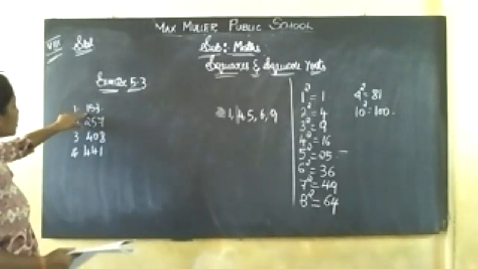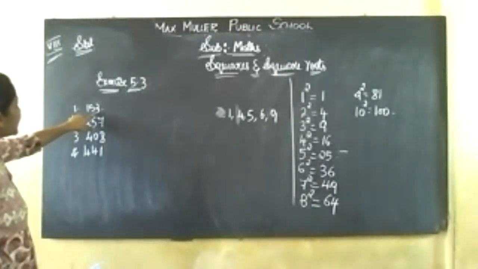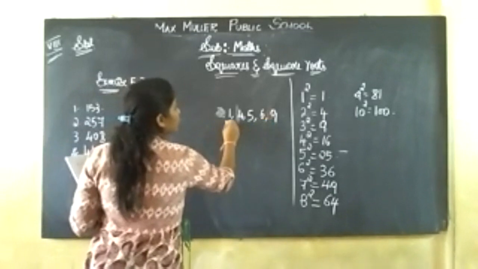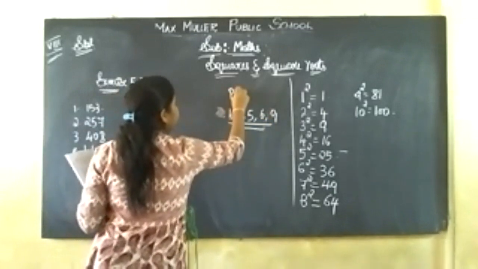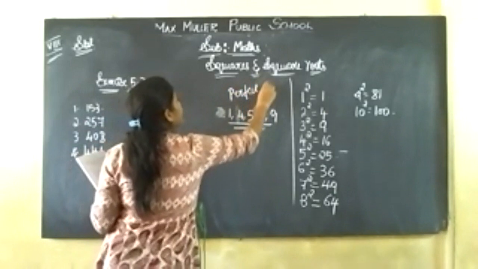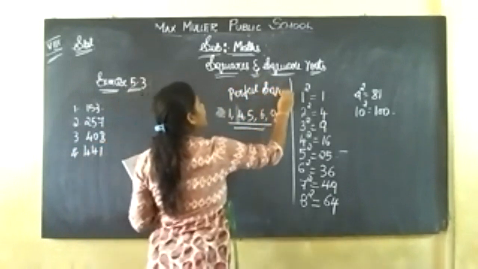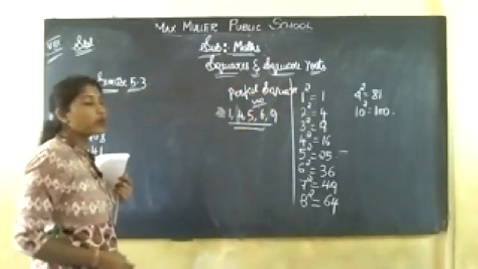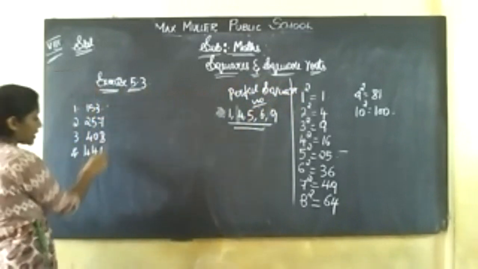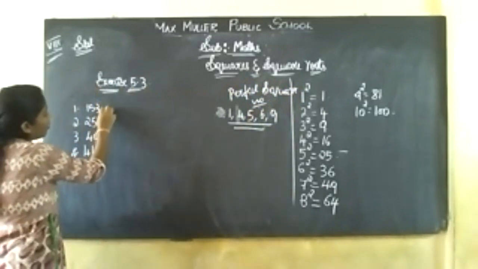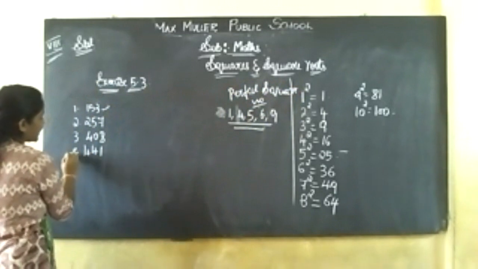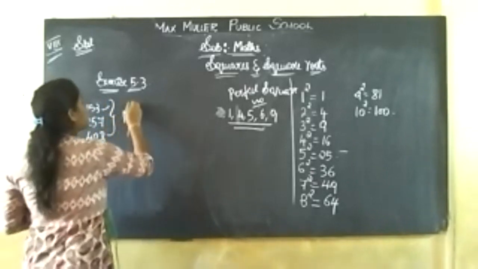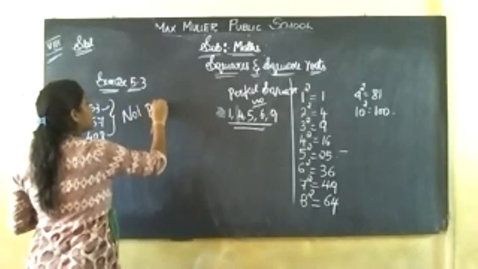Here, the last digit is 3. To be a perfect square, the last digit should be 1, 4, 5, 6 or 9. There are no such numbers here except the fourth one. These three are not perfect square numbers.